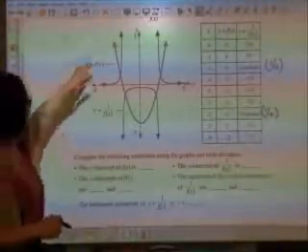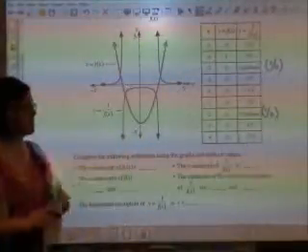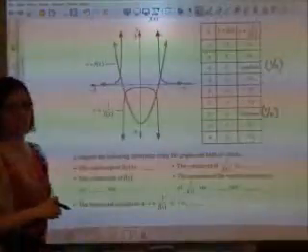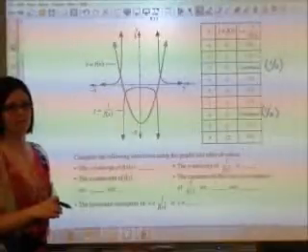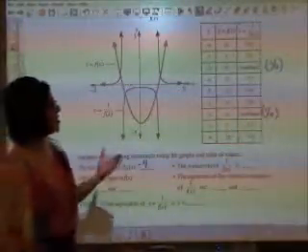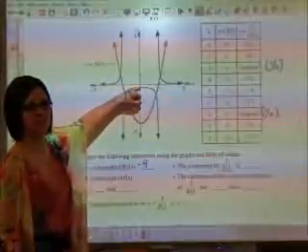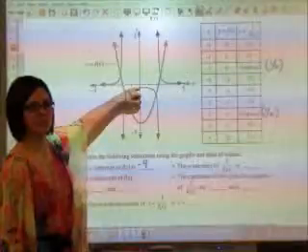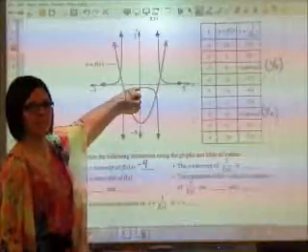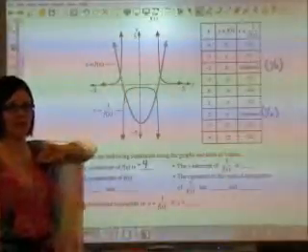If I look at this graph that's in the light gray, where does it cross the y-axis? -4. And the reciprocal function then would cross the y-axis at -1/4, the reciprocal of -4.